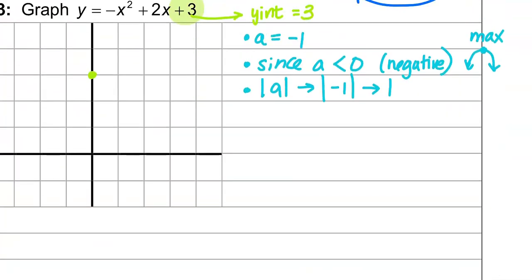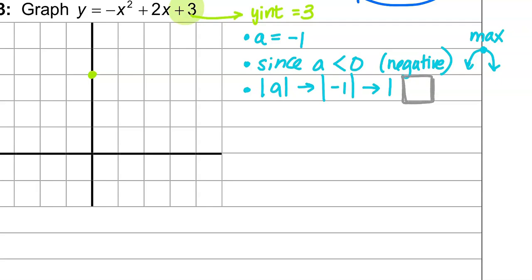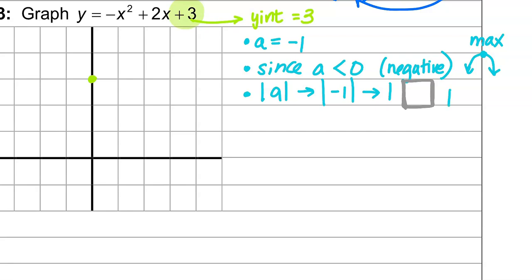So now you're going to take that 1 and you always compare it with 1. Is it less than 1, equal to 1, or greater than 1? It's equal to 1. So therefore, we know that it has the same shape as the parent graph, right? Same as parent.